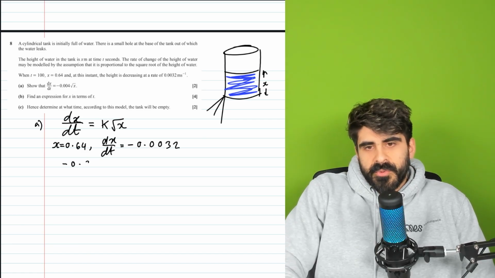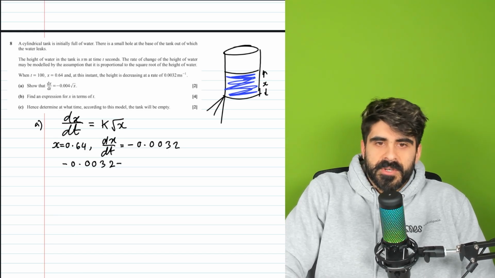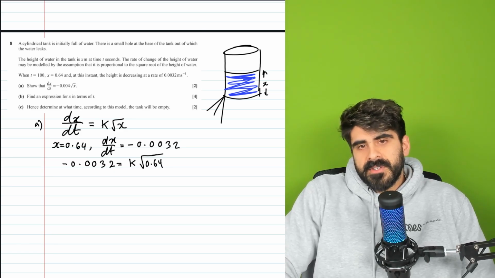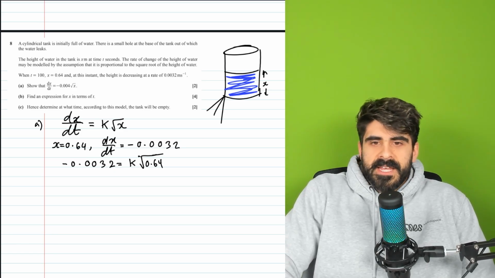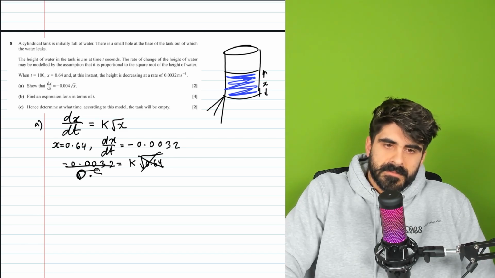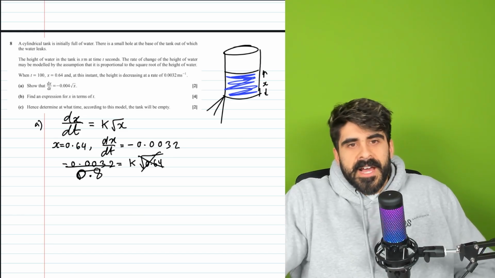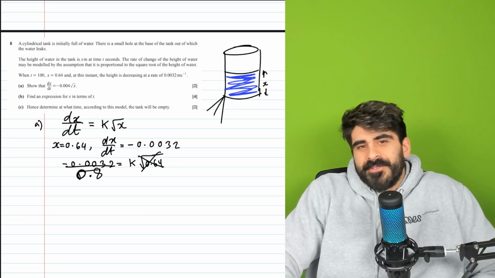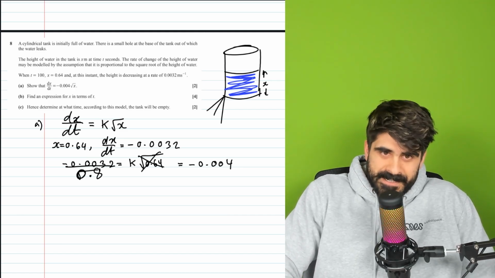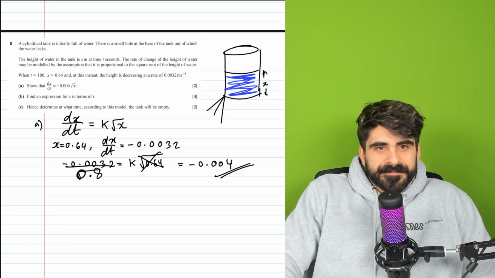So you have negative 0.0032 is k root 0.64, which is 0.8. And then 0.8 goes into that minus 0.004 times. Proved. Okay, so that's proved.